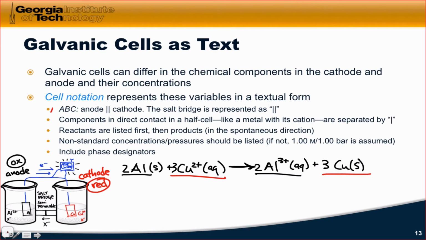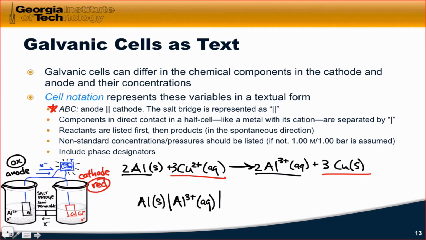Since according to the convention we write the anode first, let's start with the aluminum and aluminum 3+ half cell. The way the reaction is written in the spontaneous direction, aluminum metal is a reactant, and the aluminum 3+ aqueous, with which that aluminum metal is in direct contact, is a product. So we use a single vertical line to separate these components that are in direct contact.